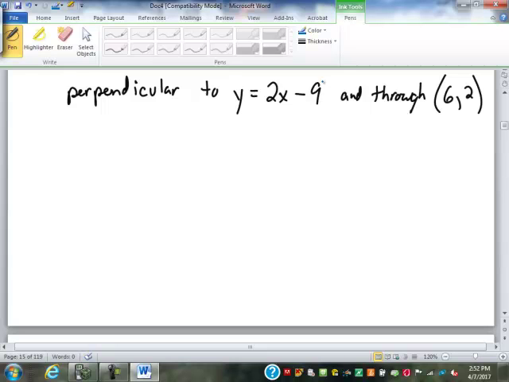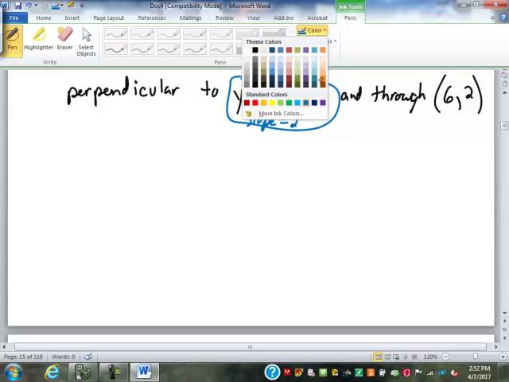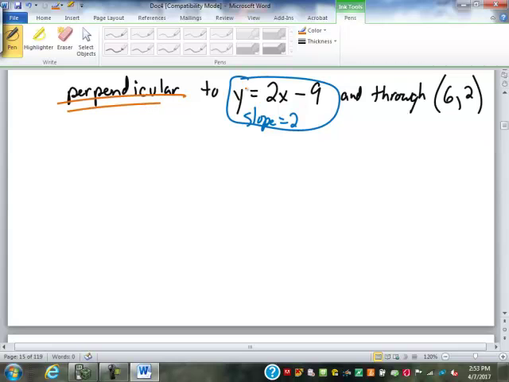Where do we start? Yeah, we find the slope of the original equation, which is what? 2. Good.